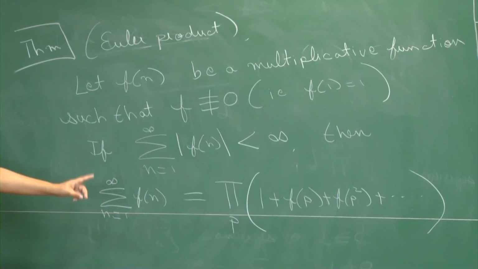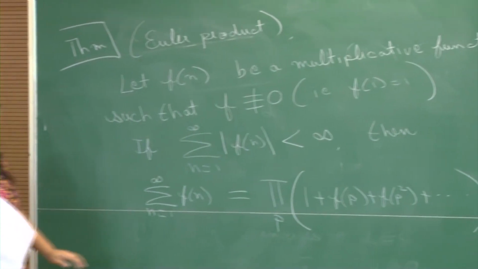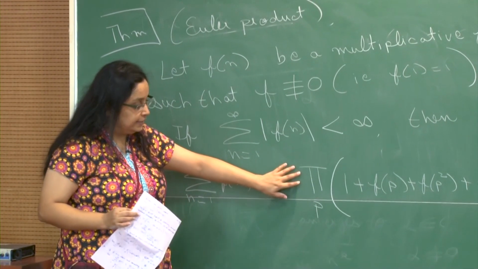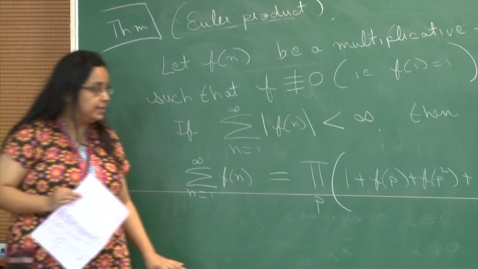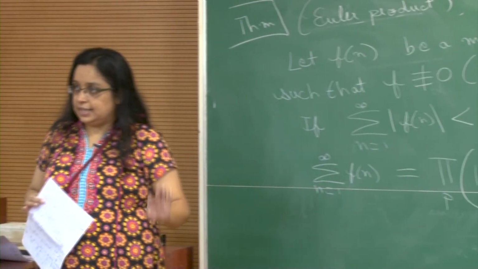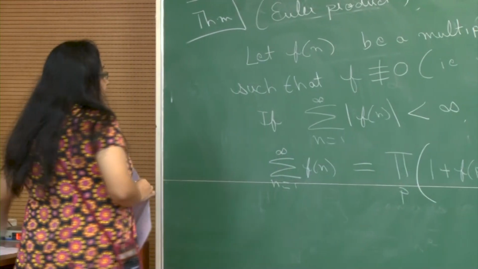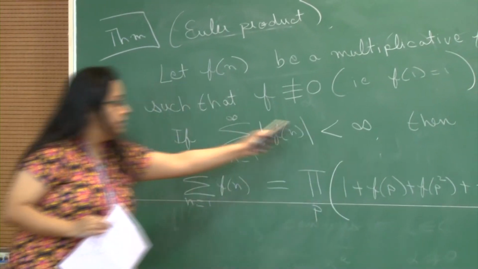Now, to prove this theorem, what are some of the things we have to verify? First, we have to verify that the product on the right hand side is indeed convergent. It is an infinite product that converges. Then you have to verify the equality.